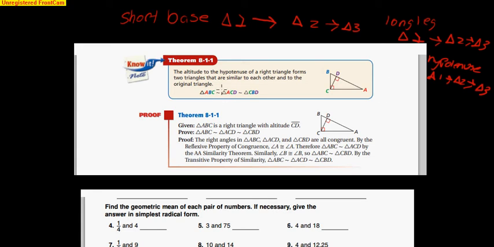So let's take a look at the similarity statement, and I'll explain what I just said a little bit better. Triangle ABC is similar to triangle ACD. Now what does that say? Well, it says AB, which is the large triangle hypotenuse, is proportional to AC.